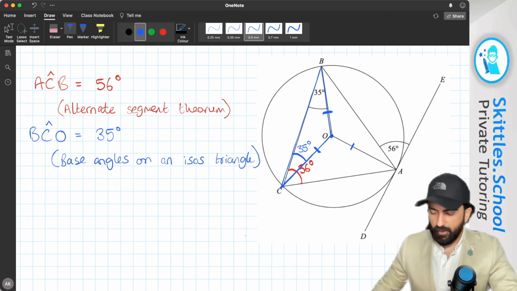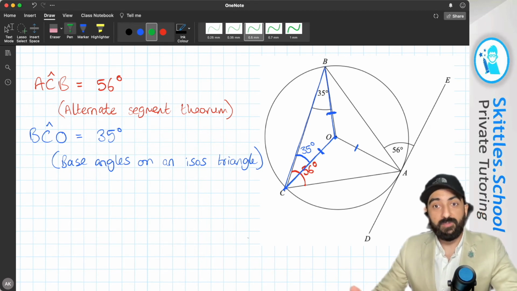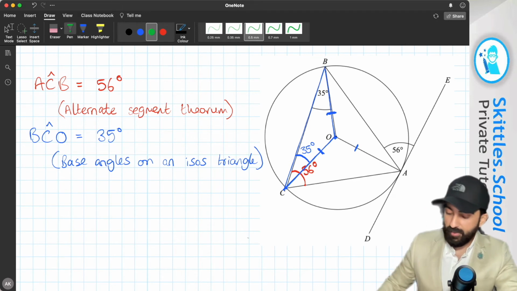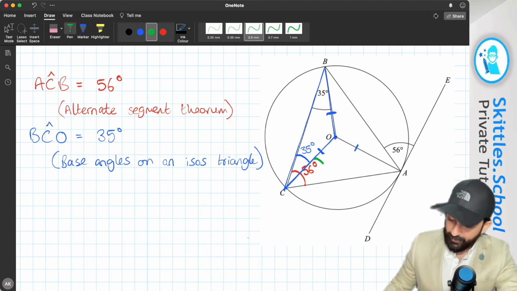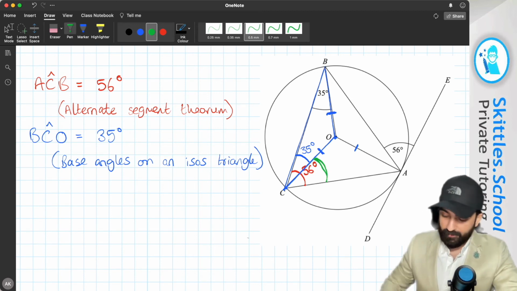Okay, so now we've got that. Now what we've done is we've split the 56 degrees into two angles. One of them's 35, and that helps us work out this side of it. So this side of the angle is 56 subtract 35.